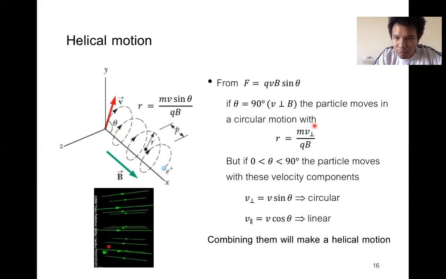We just need to find the component of the velocity in the perpendicular direction. So we change from v to v sine theta in order to calculate the radius of the helix.